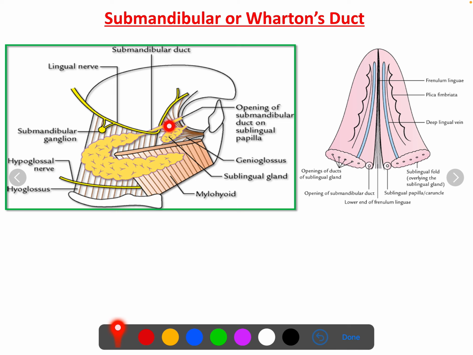Then it opens into the floor of the mouth at the summit of the sublingual papilla on either side of the frenulum of the tongue. The duct can be palpated in the floor of the mouth. The orifice, by which it opens into the oral cavity, is the narrowest part. So that's all about the submandibular duct or Wharton's duct.